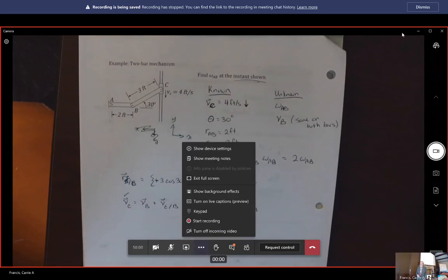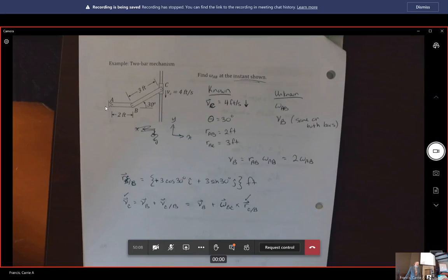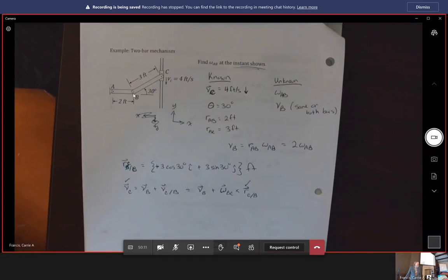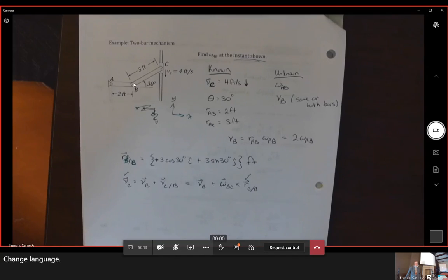Because point B has to rotate about point A, and AB can't change lengths, the velocity of B has to be tangential to AB. So it has to be straight down. So VB is going to be straight down.